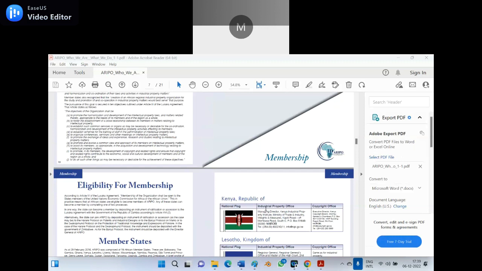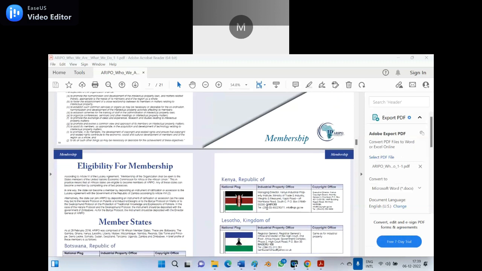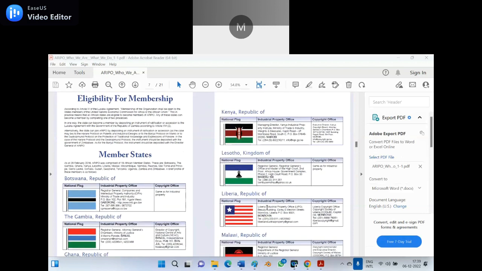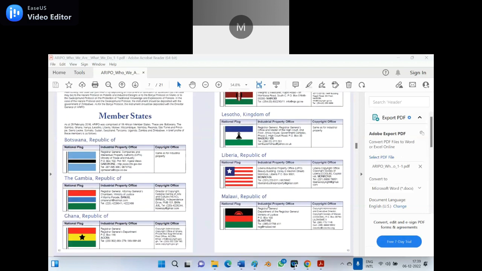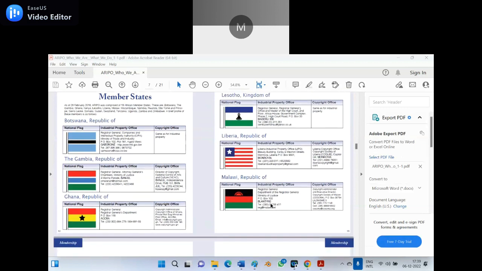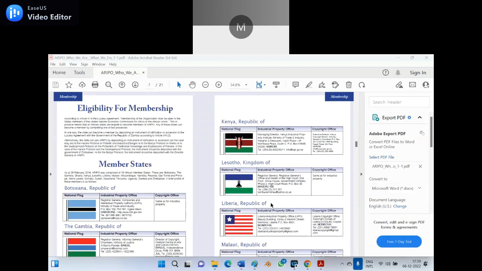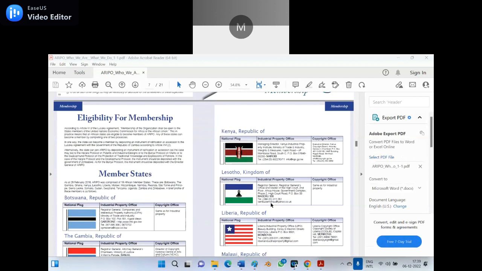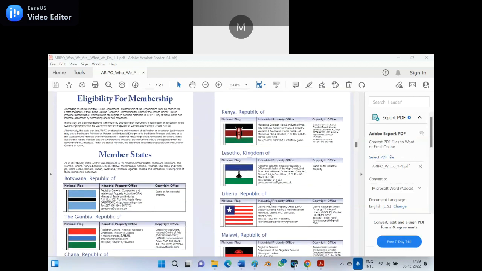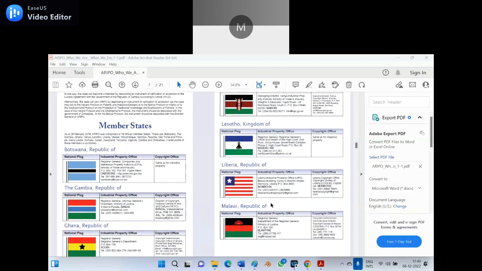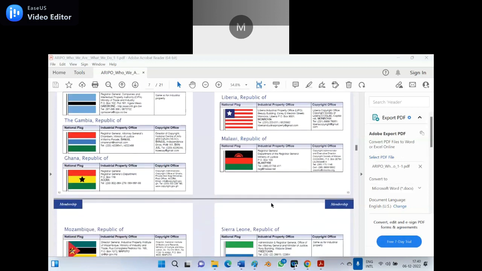The member states could observe these and they could do it. So here if you look at the member states, their flags are here, like Botswana, Gambia, China, and then we can go to Kenya, then Lesotho, Kingdom of Lesotho, Liberia, then Malawi.